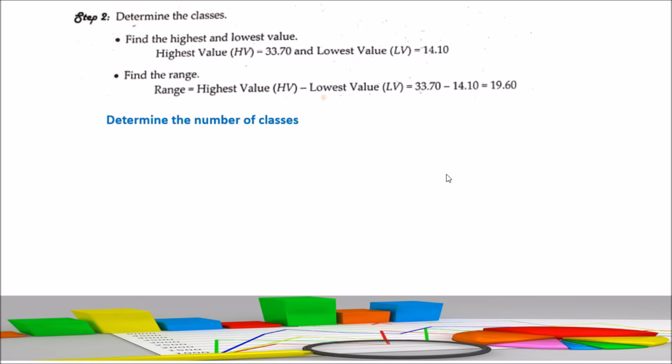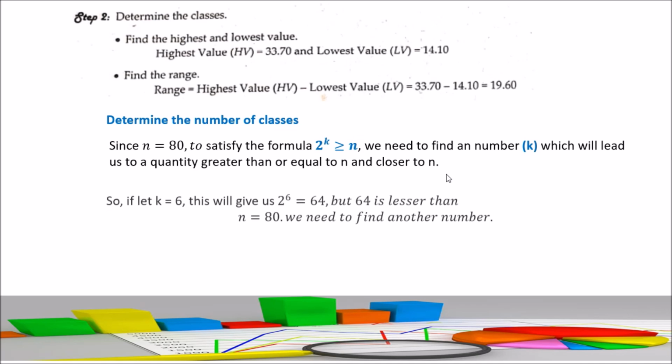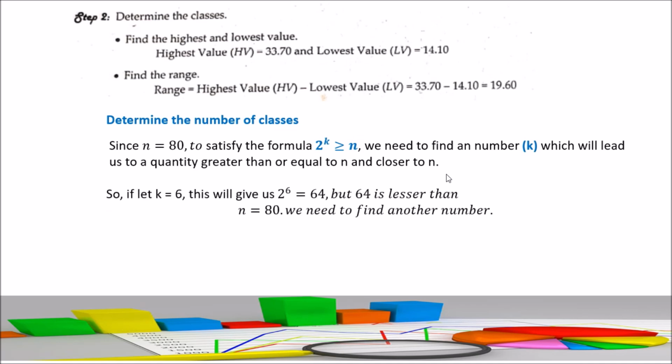To determine the number of classes, since n equals 80, to satisfy the formula of rule number 1, 2 raised to the power of k greater than n, we need to find a number k which will lead us to a quantity greater than n, and closer to n. Let's try k equals 6. Then 2 raised to the power of 6 equals 64.